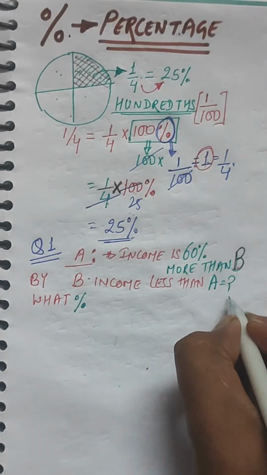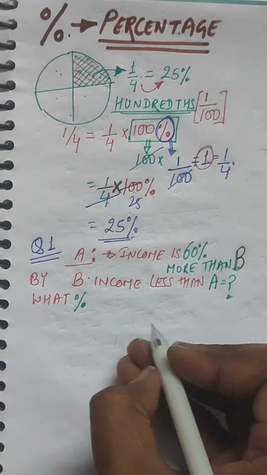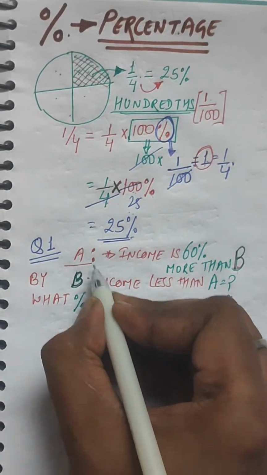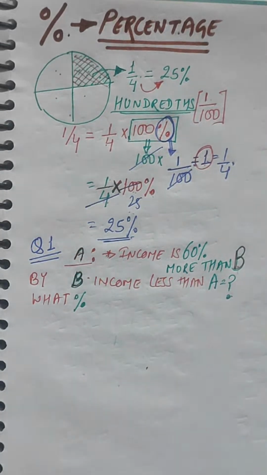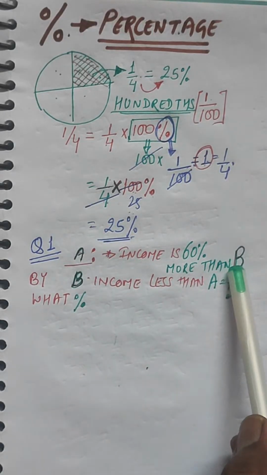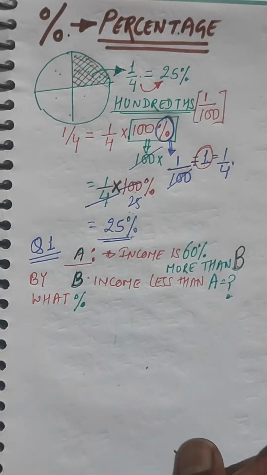This is your question. Here you can see two persons are there, A and B, and it's given that A's income is 60% more than B. So we can do one thing.